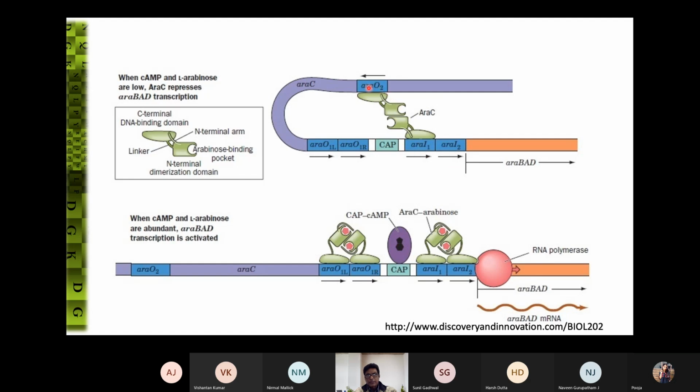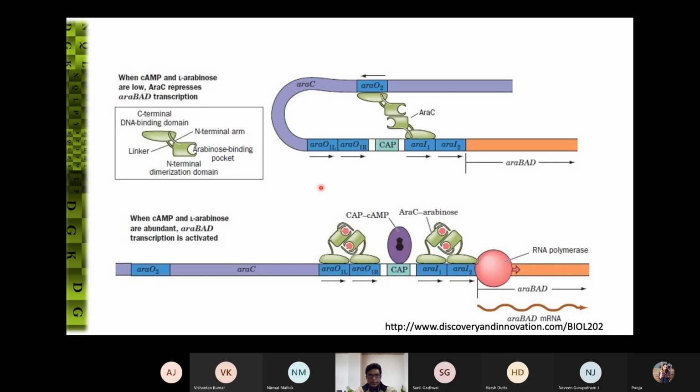You can see one is ara-O2, which is an operator site, and the ara-I1, which is the inhibitor site, where this AraC protein, which is synthesized independently, will come and bind here. And this loop that forms here will essentially block the synthesis. But you also see there's a CAP. The CRP and CAP are usually used interchangeably. So it's again the cyclic AMP receptor protein. It's the same thing, but it's also called CAP protein.